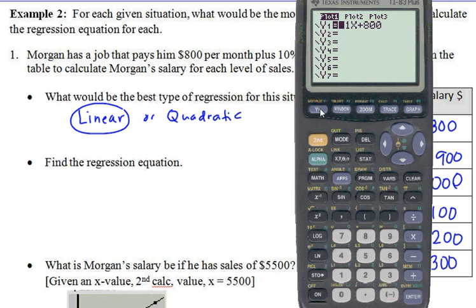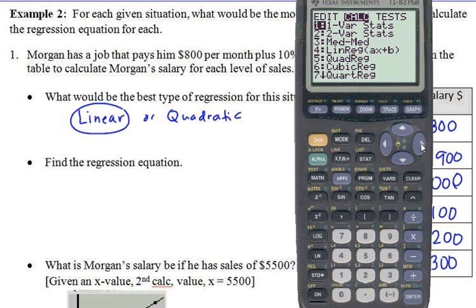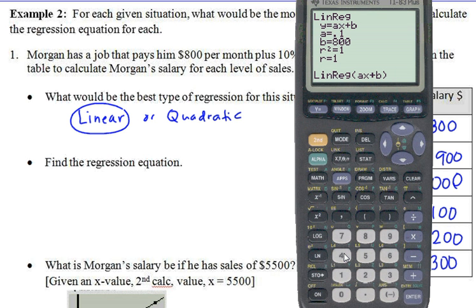Okay, questions? Yep. So you first go to stat, calc. I want to do a linear regression. Don't push enter. Why are we making a line? Because it's a line, because the R² value equals 1. And then just typing them in? Yeah, you could just type it in yourself. But often our regression equation has so many decimal places, right?